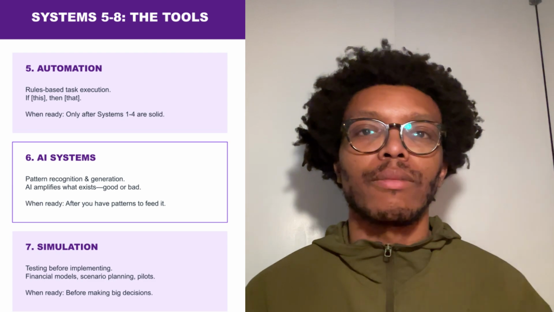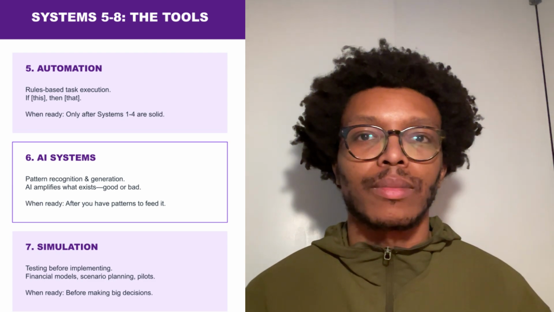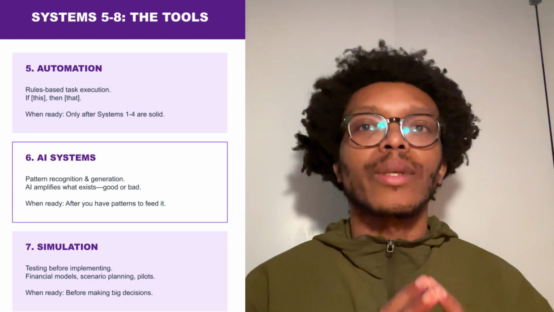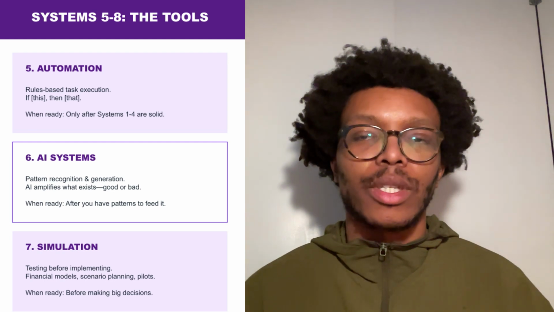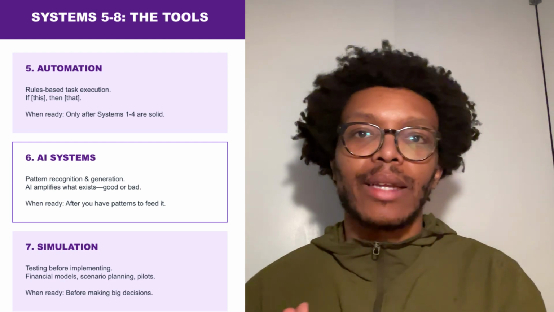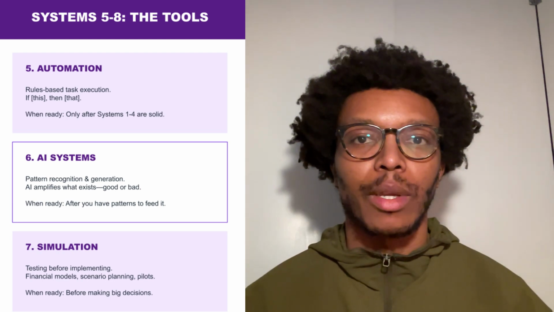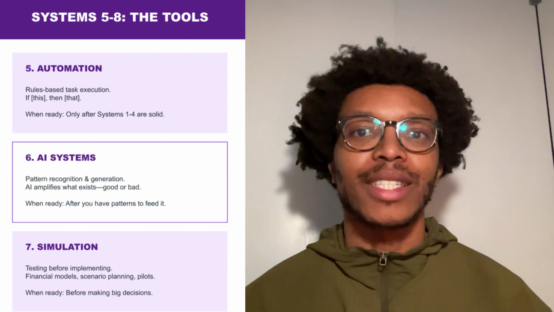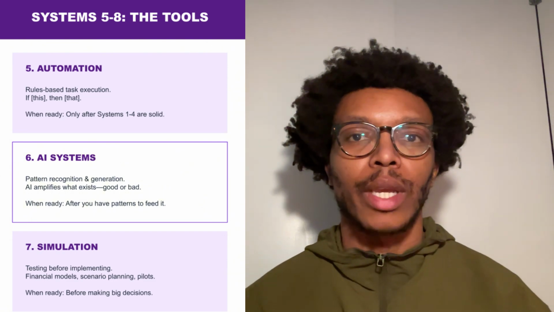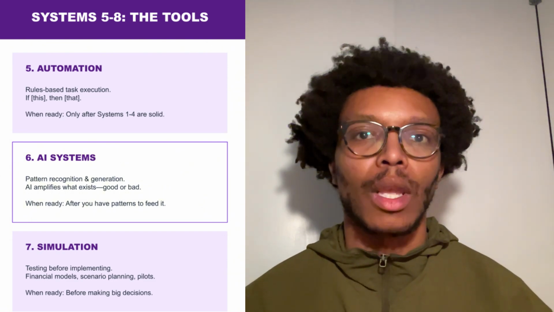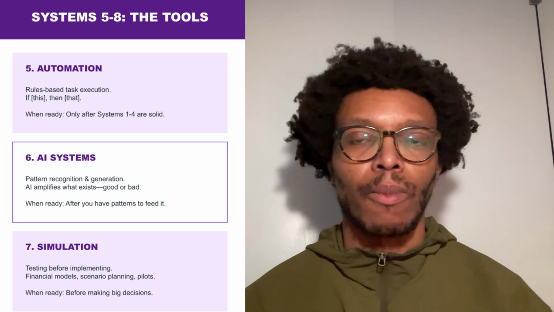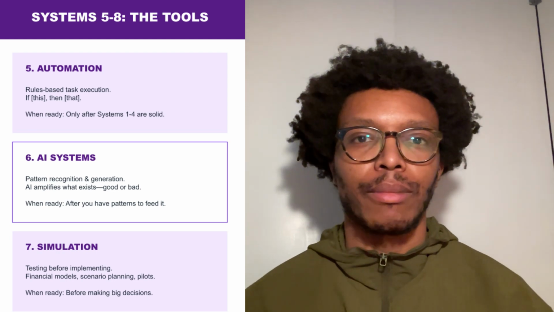System number 5, automation systems. This is rules-based task execution. If this, then that. When someone books a call, you automatically send a confirmation. When a proposal is signed, you automatically create the project folder. When an invoice is overdue, you automatically send a reminder.